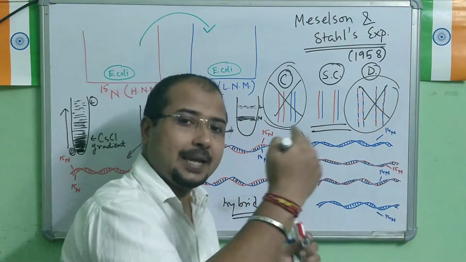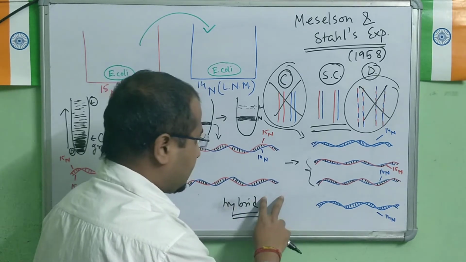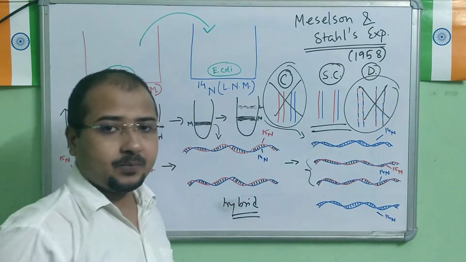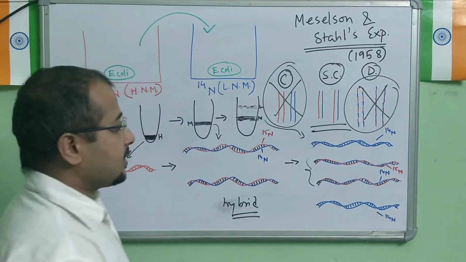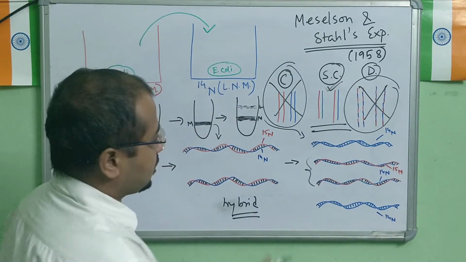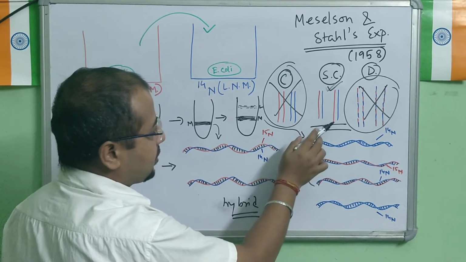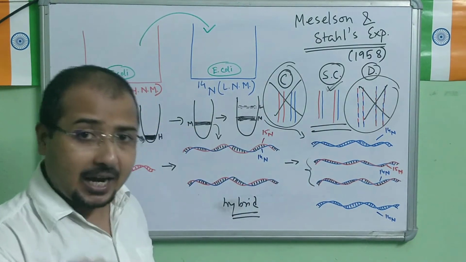Further generation also same thing has been found, that there is a fix of hybrid conditions, hybrid DNA is there. And hybrid DNA means it is only showing the semi-conservative mode of replication. One parent means one old strand, one new strand. Hybrid condition.